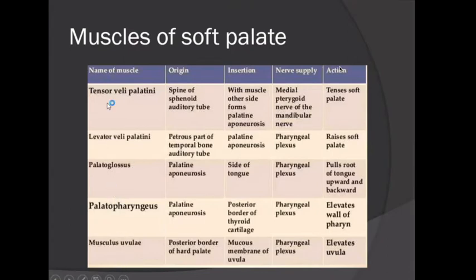So you remember that. The functions you know already; you must have studied them in ENT, or you will have to. But just to give you an idea, the muscles involved in the soft palate are basically the musculus uvulae, intrinsic, and then four other muscles: tensor veli palatini and levator veli palatini, which go upwards, and palatoglossus and palatopharyngeus, which go downwards.